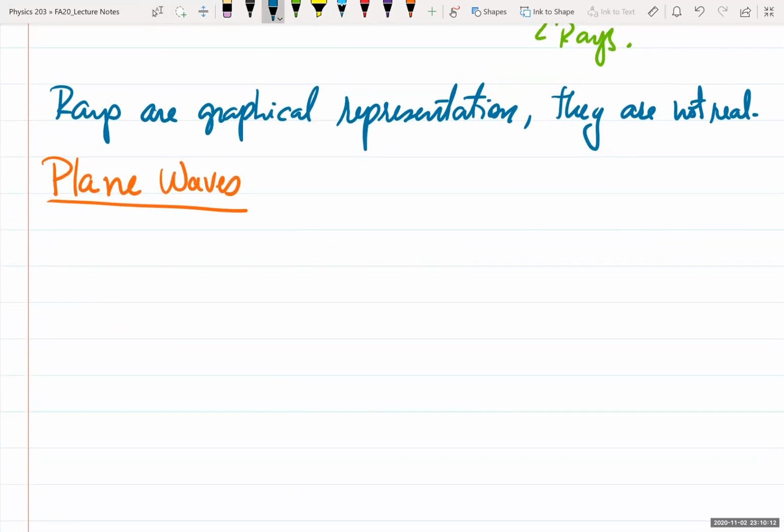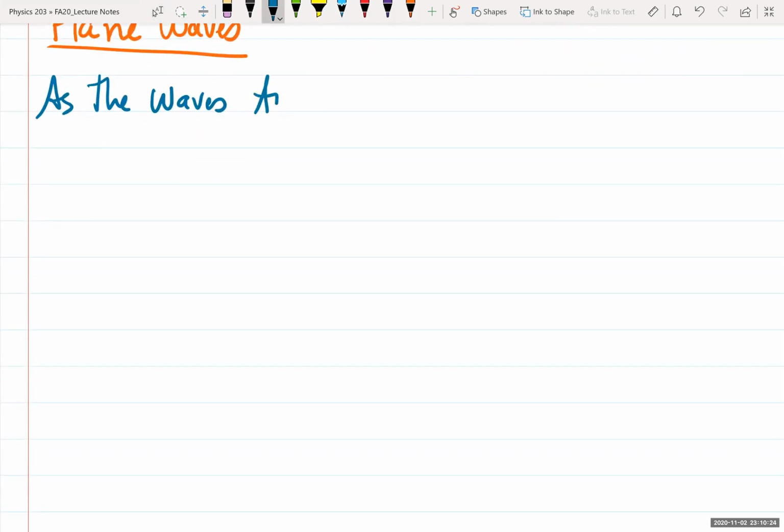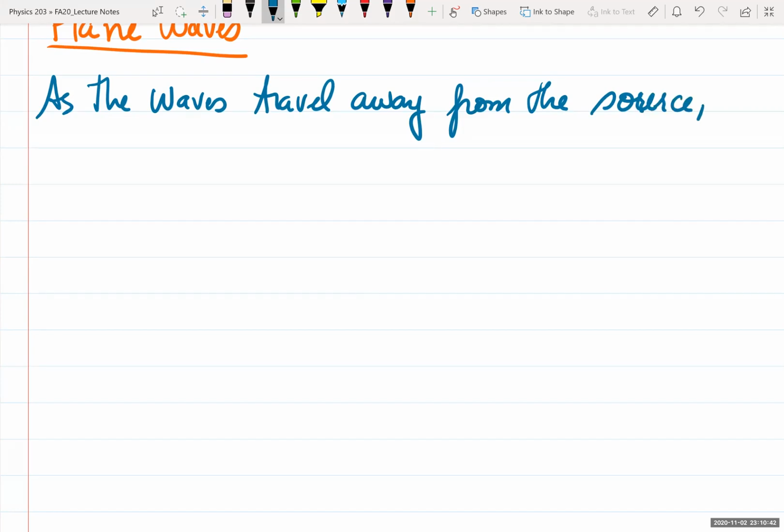So let me write that down for you. As the waves travel away from the source, they become less circular and more like straight lines.